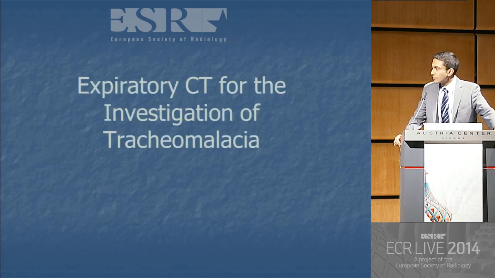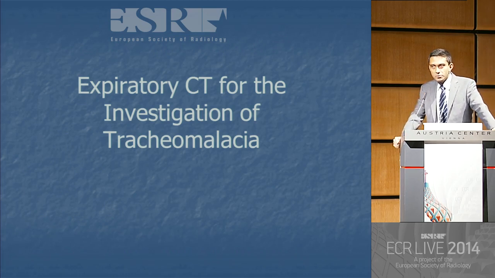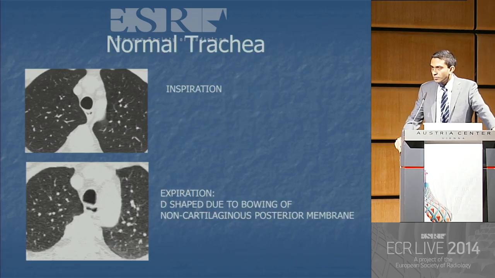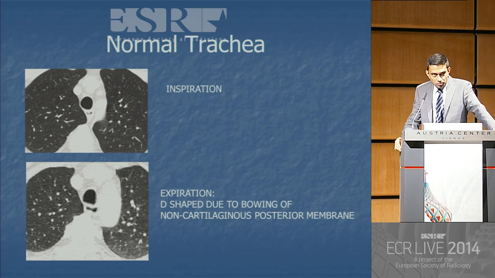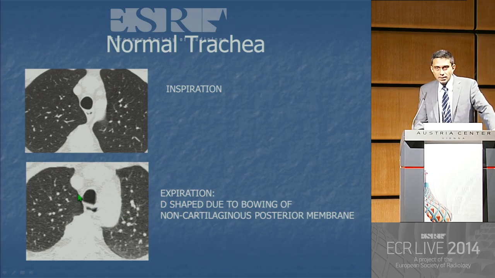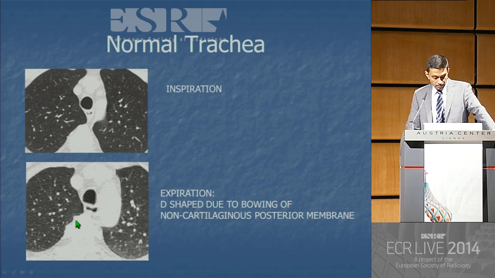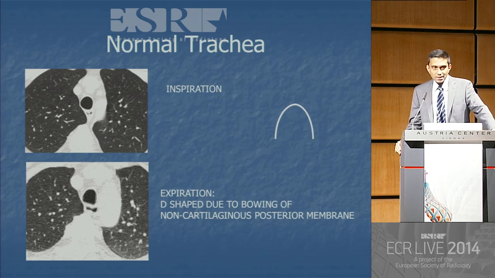Okay, moving on to the second half of the talk now, which is the role of expiratory CT in the investigation of tracheomalacia. And again, just to start off with some very basic revision, the shape of the trachea, as you all know, in inspiration is round or oval, and in expiration is said to be D-shaped, and the reason for that is the fact that the posterior membrane bows a little inwards during expiration, and the reason that the rest of the trachea doesn't change shape is because of the so-called C-shaped cartilaginous rings, which maintain the shape of the anterior and lateral walls.